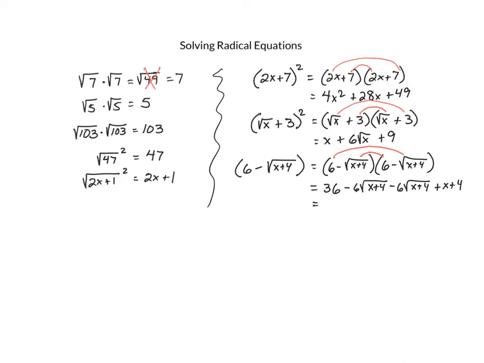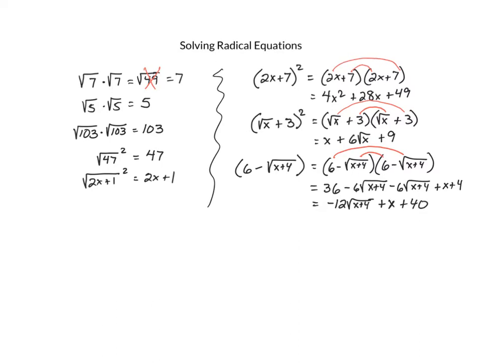So if we combine our like terms, we just have the 4 and the 36 that can be combined, and the negative 6 square root of x plus 4 and negative 6 square root of x plus 4 can be combined. We would have this as our result. Negative 12 square root of x plus 4 plus x plus 40.